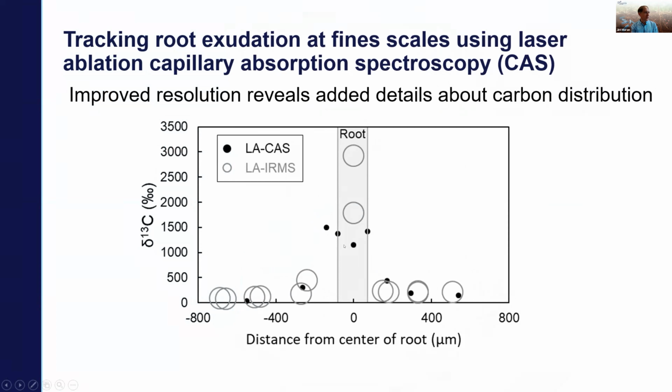And one of the interesting things that we're beginning to see is that a lot of times when we apply the spectroscopy, we're seeing this decrease in the amount of label right in the middle of the root. And we think this is, I don't want to get into the geometry too much of the root architecture, but we think we're able to pick up the different components of the root tissues, where we're actually seeing an increased signal in the phloem component of the roots that's transporting the fresh photosynthate down into the subsurface.